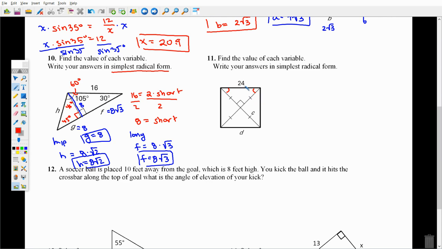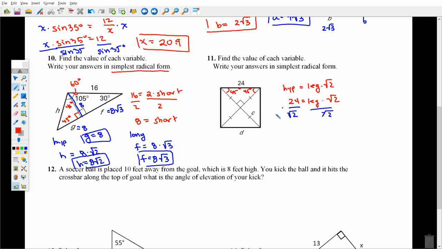So if I know this is 24 here, well, this is going to be a 45, 45, 90 triangle. And so that's our hypotenuse, and that's equal to our leg times square root of 2. So 24 is equal to our leg times square root of 2. I'm going to have to divide by square root of 2 on both sides.